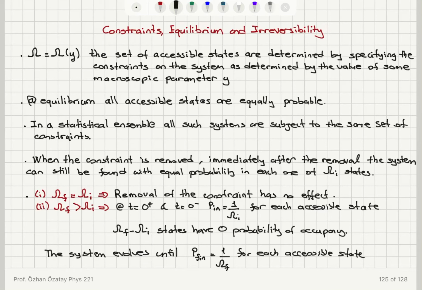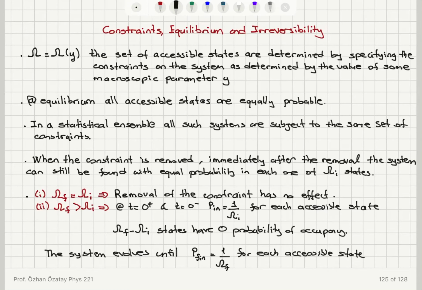Immediately after the removal of the constraint, the probability of having an accessible state is the same, 1 over omega initial. However, the system will evolve if the omega final is greater than omega initial until it reaches its final configuration where each accessible state will have a final probability 1 over omega final.